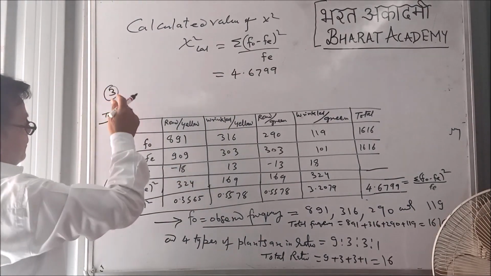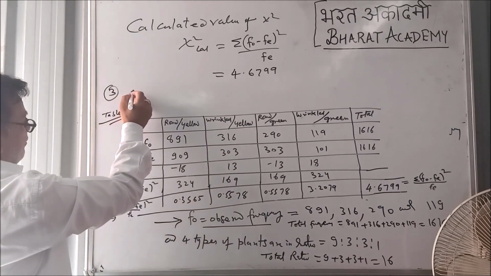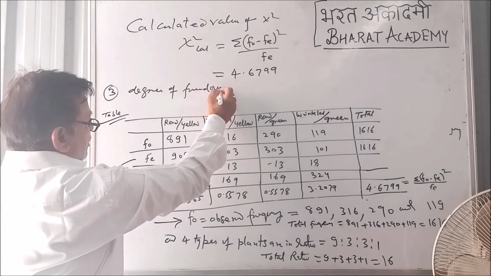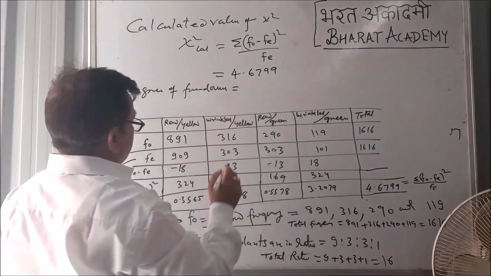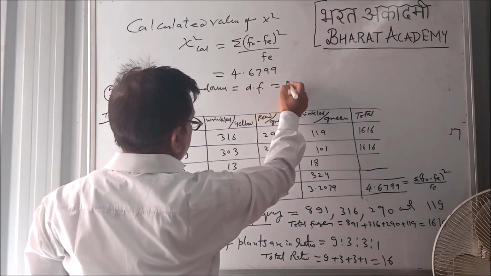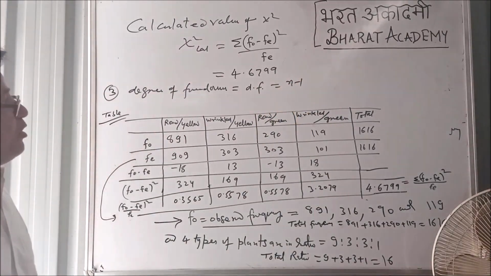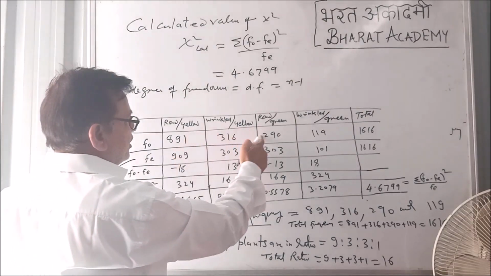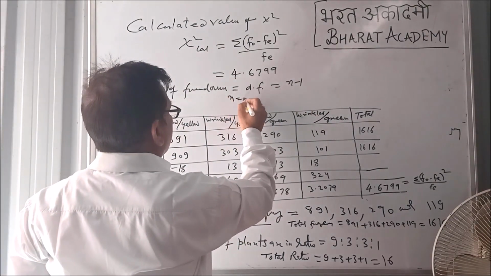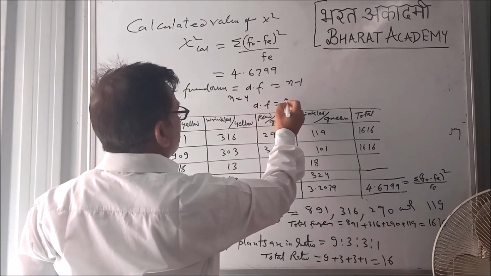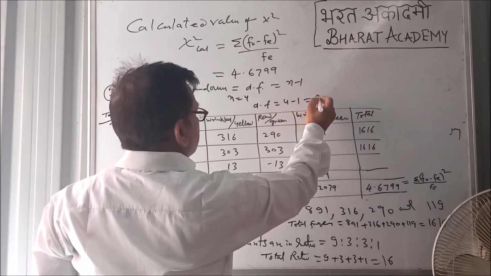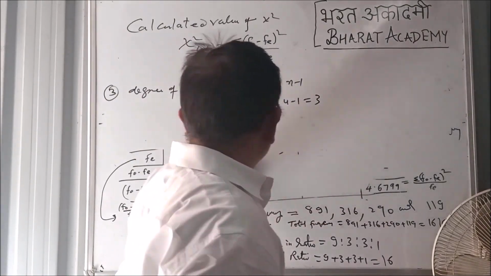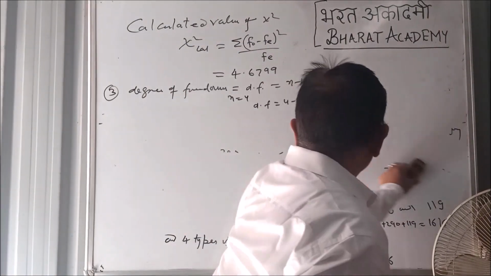Next step in hypothesis testing is you have to find the degree of freedom. For the goodness of fit test, the degree of freedom will be n minus 1. N is the number of observations. Number of observations we have 1, 2, 3, 4. So n will be 4. Hence the degree of freedom is going to be 4 minus 1. This is 3.